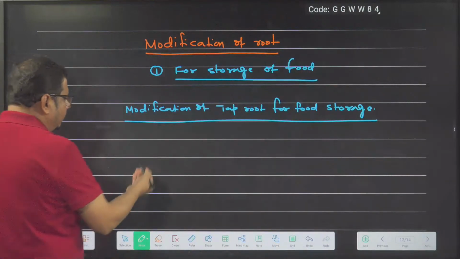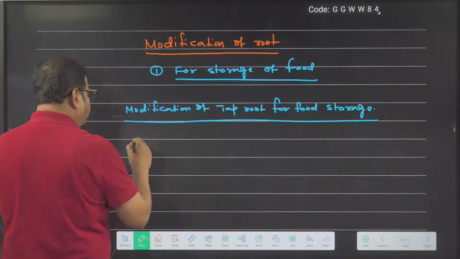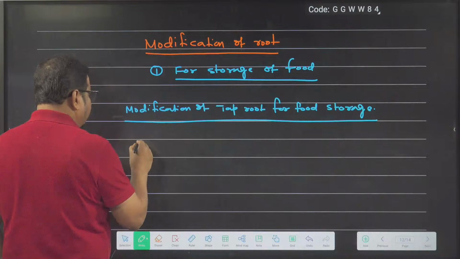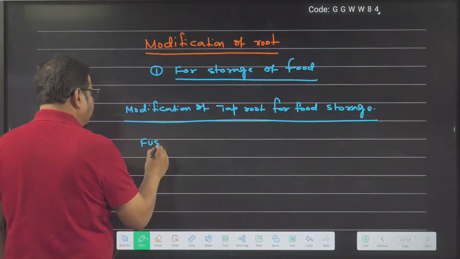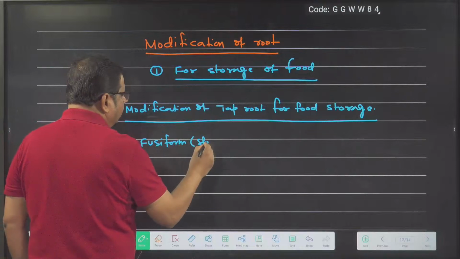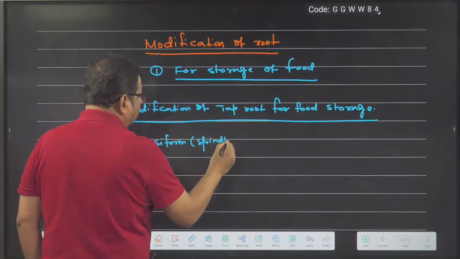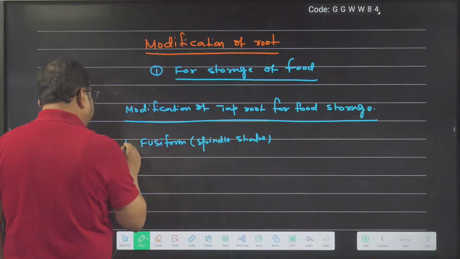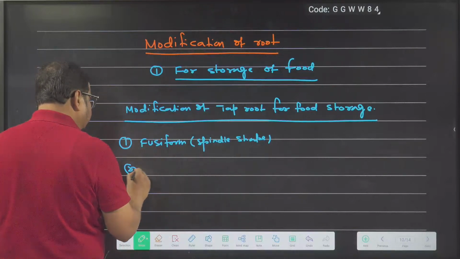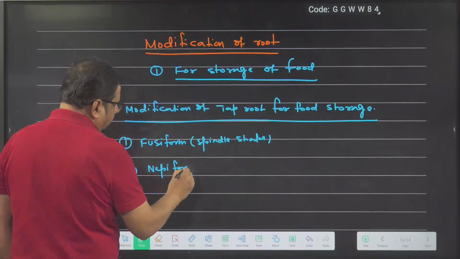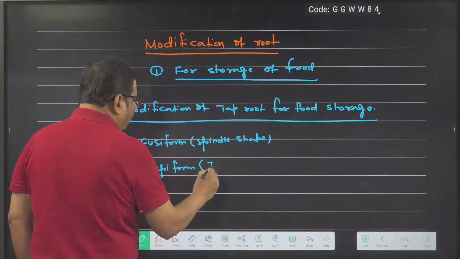Got the idea? So we are classifying it based on the shape. So I am just writing fusiform, or it is also called a spindle shape root. Second category I am writing napiform, or it is top shape root.